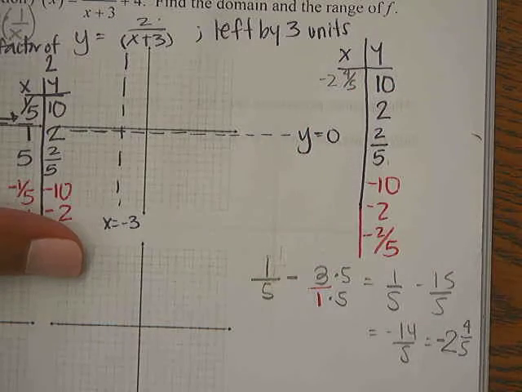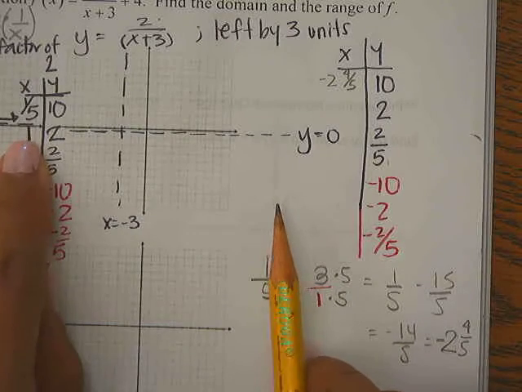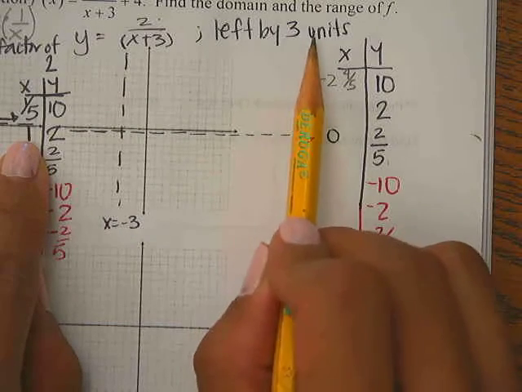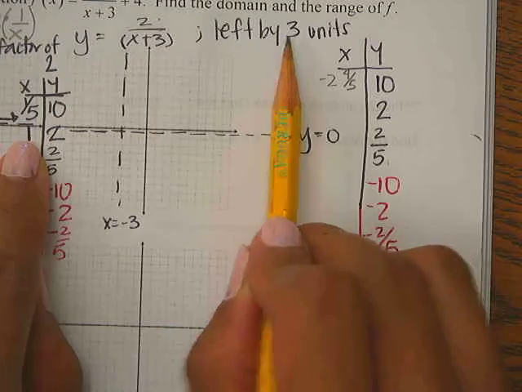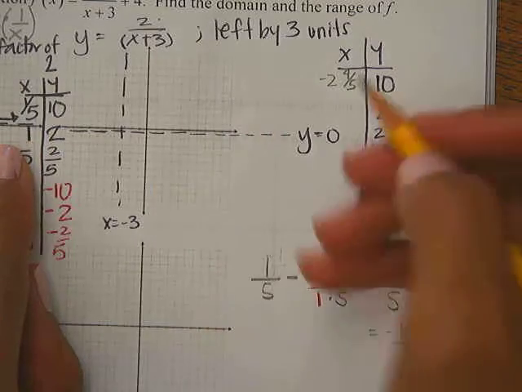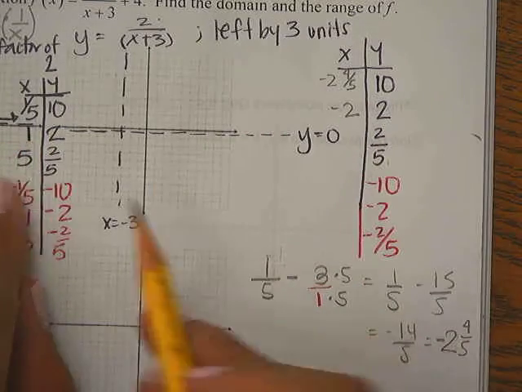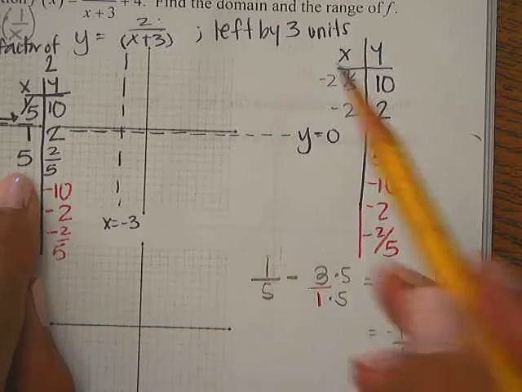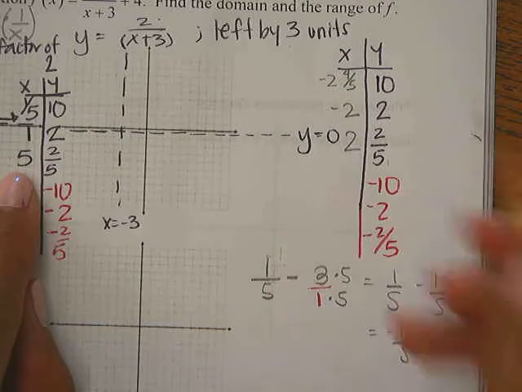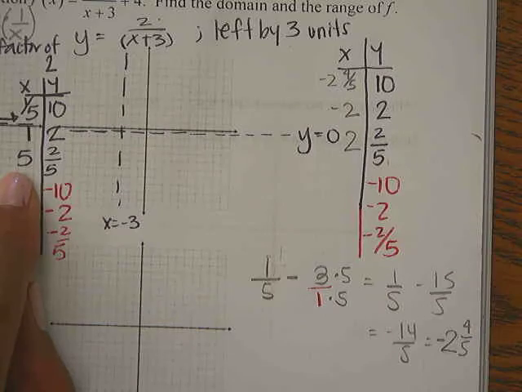All right. And so next, you're going to take 1 and move left by 3. So that means you subtract. So 1 minus 3 is going to be negative 2. Then 5 minus 3 is going to be positive 2. So those are my right curve.